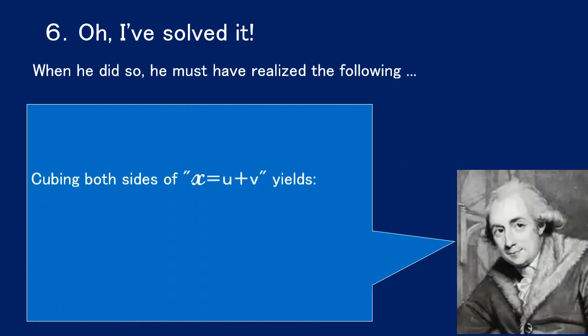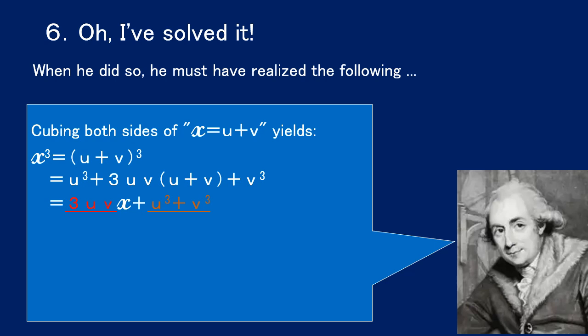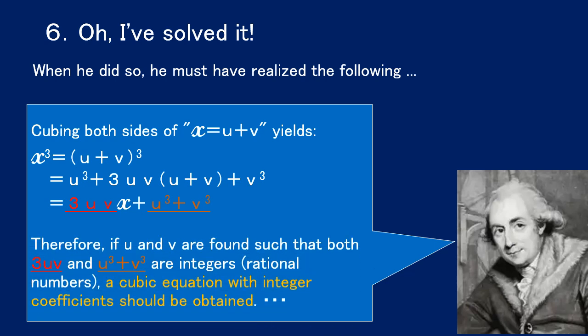Cubing both sides of x equals u plus v yields x cubed equals (u plus v) cubed, equals u cubed plus 3uv times (u plus v) plus v cubed, equals 3uvx plus u cubed plus v cubed. Therefore, if u and v are found such that both 3uv and u cubed plus v cubed are integers or rational numbers, a cubic equation with integer coefficients should be obtained.